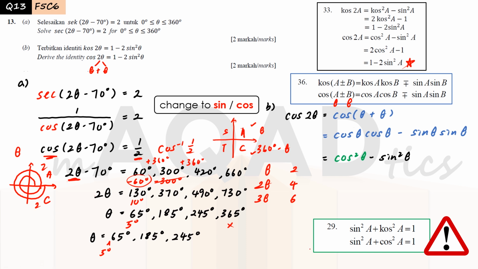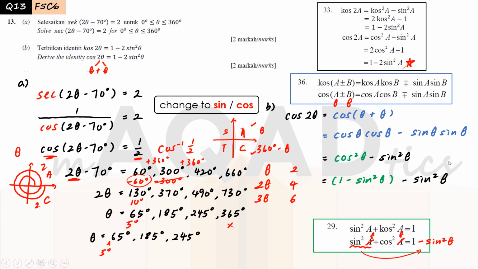For the sin square theta here, because now we're using theta, I am going to move it to the right side. So this cos square theta, I am going to change it to 1 minus sin square theta. Okay, so once I simplify this, then I can get the result that we are trying to prove here, right? Which is 1 minus 2 sin square theta.